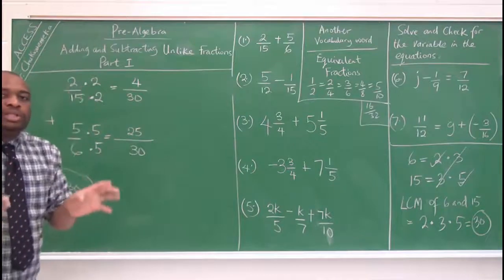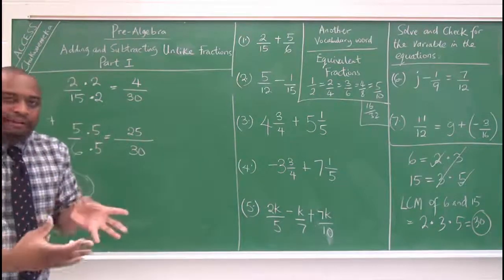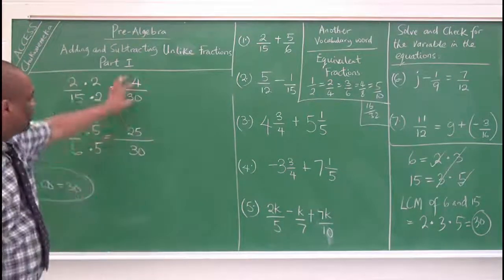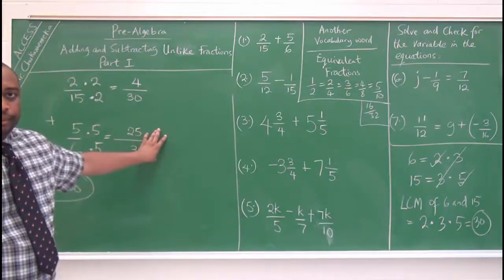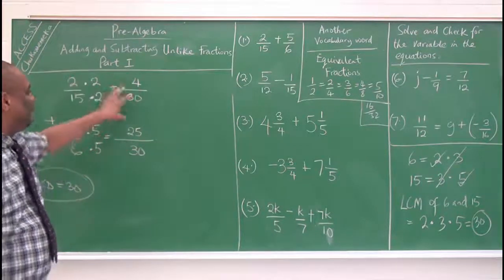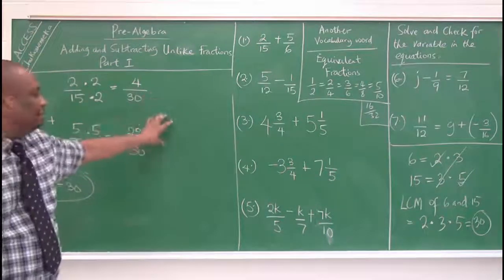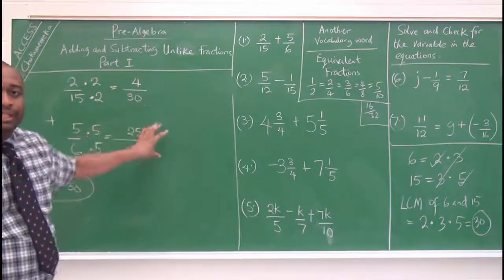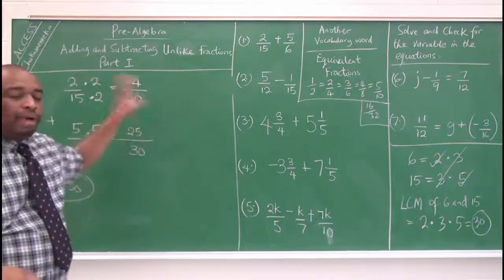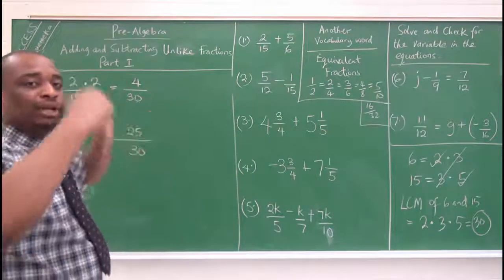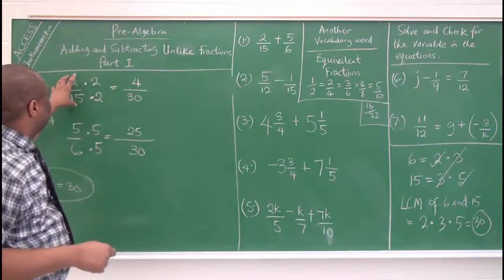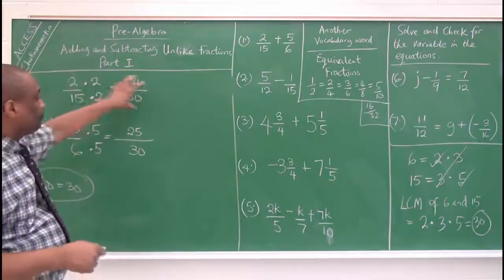So our aim was to convert the unlike fractions to like fractions. And we have achieved it by finding the equivalent fractions. Equivalent fractions are fractions with the same denominator. Equivalent fractions are fractions that when you simplify them, give you the main fraction.